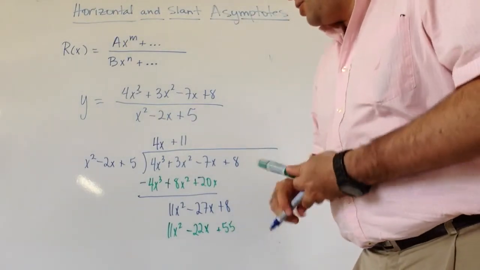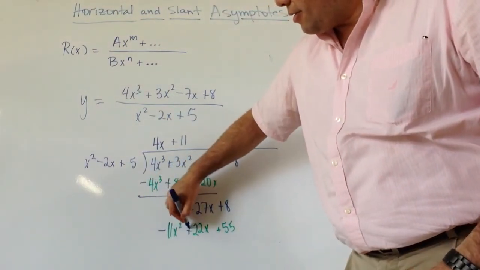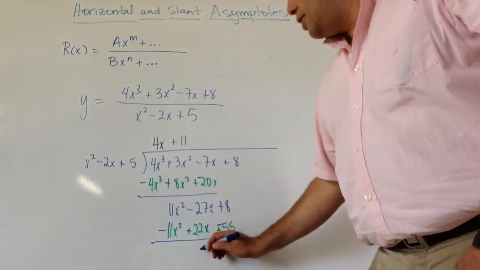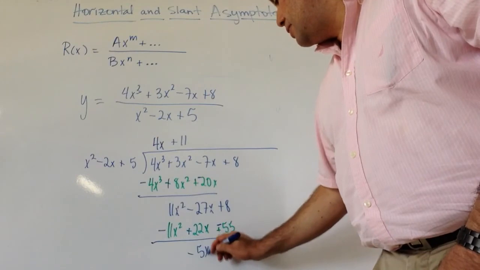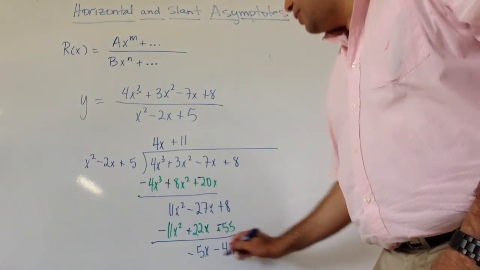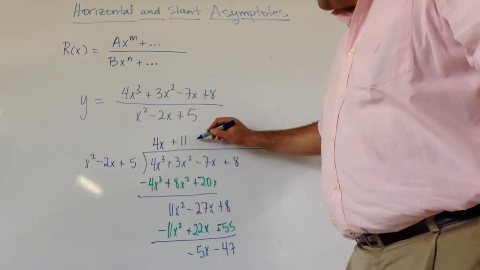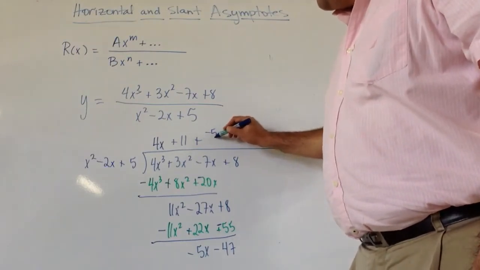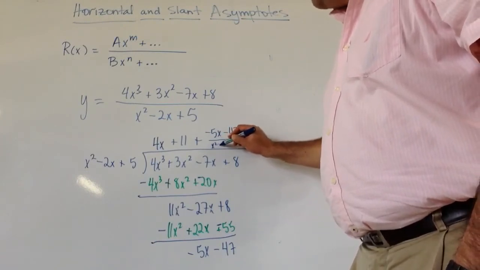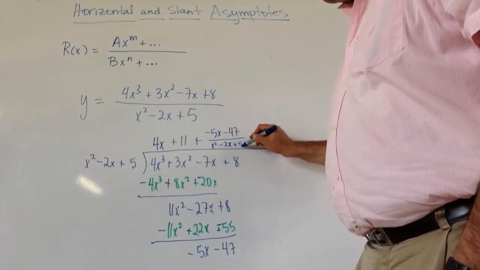Then change the signs and add. That cancels. This is negative 5x and negative 47, which is our remainder, which we write over here: plus negative 5x minus 47 over x squared minus 2x plus 5.